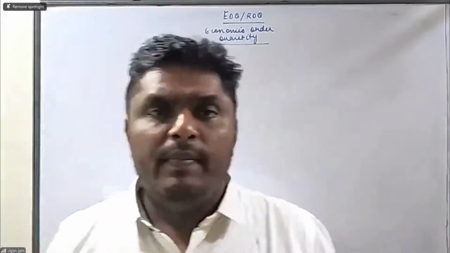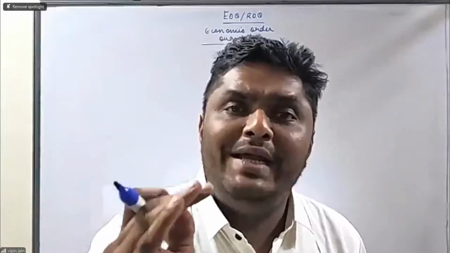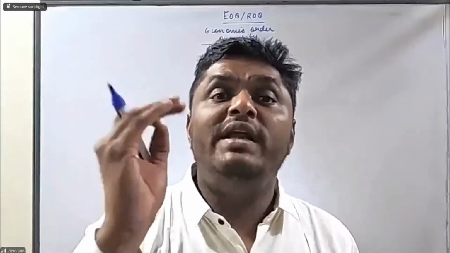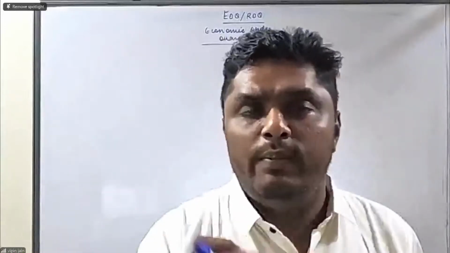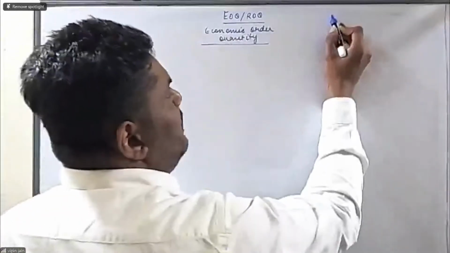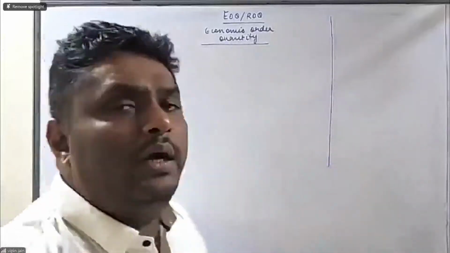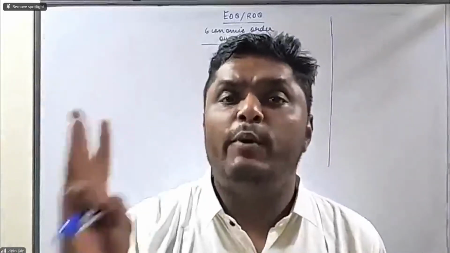Now see, to calculate economic order quantity, we need 3 points. Very important points. To calculate how much quantity to order, we need 3 points.